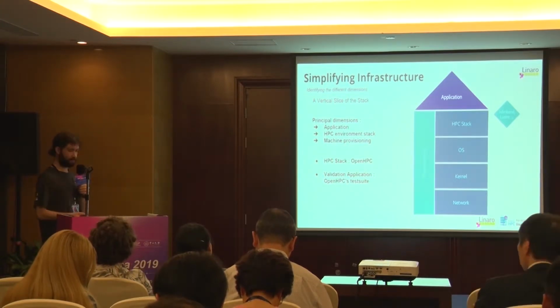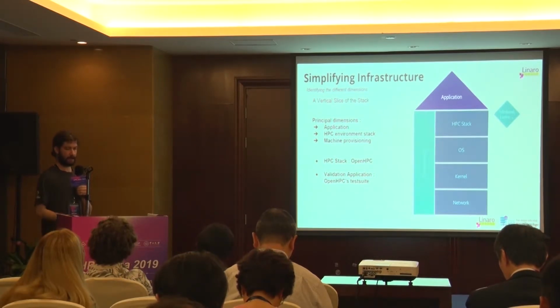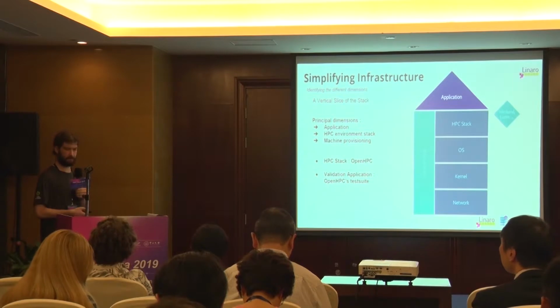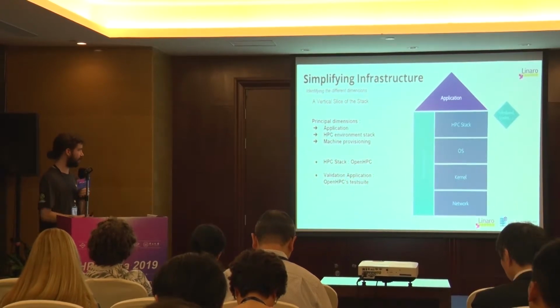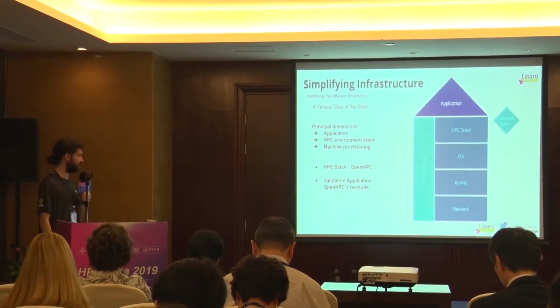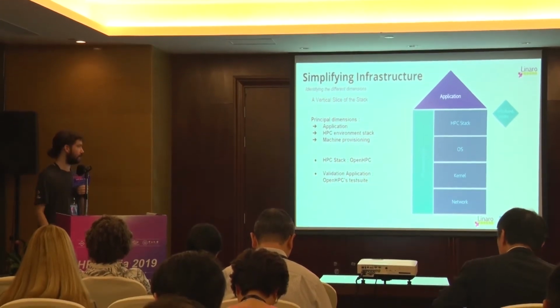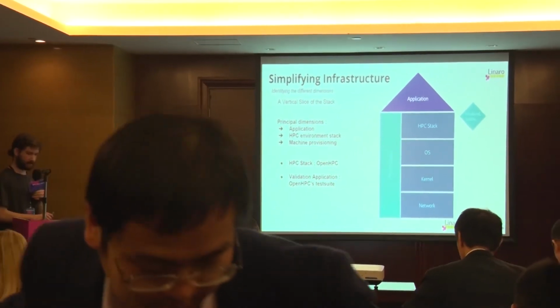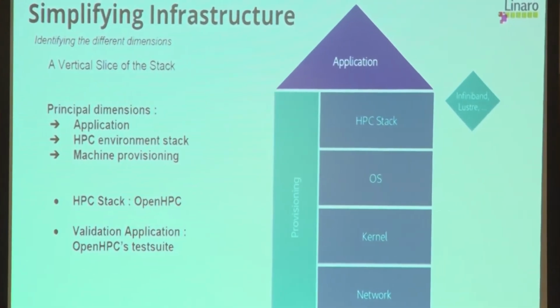So in our lab, the HPC stack, we take it from OpenHPC to have one basis. It is open source. And the main validation application that we use is OpenHPC's own test suite. So it allows us to have the same basis, the same validation application, for all the clusters that we have.